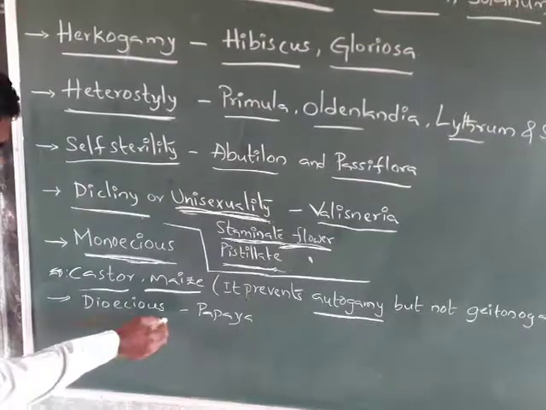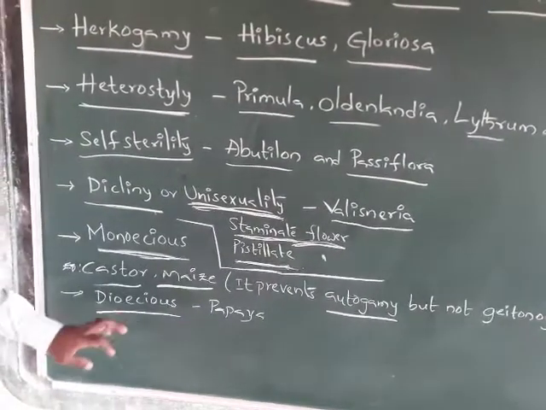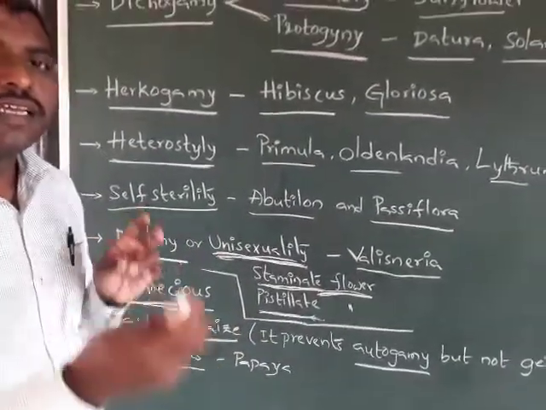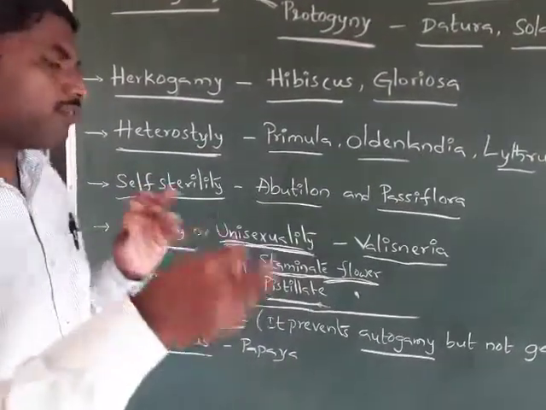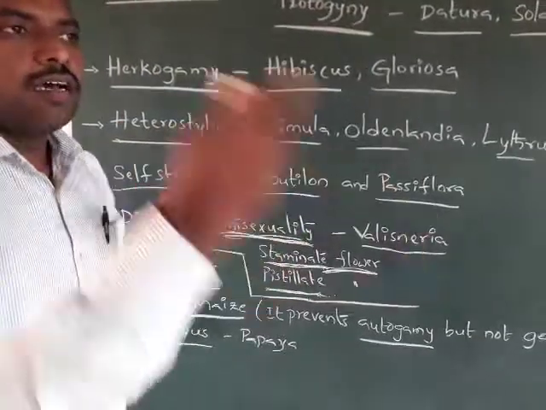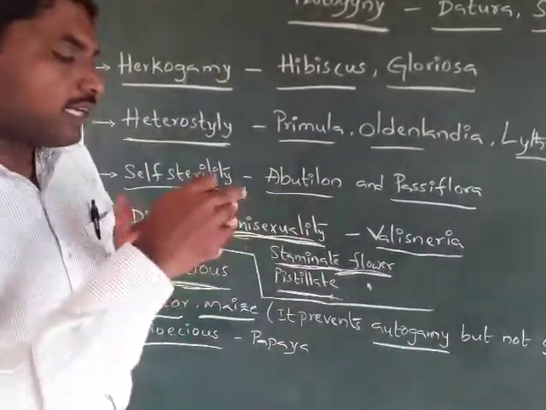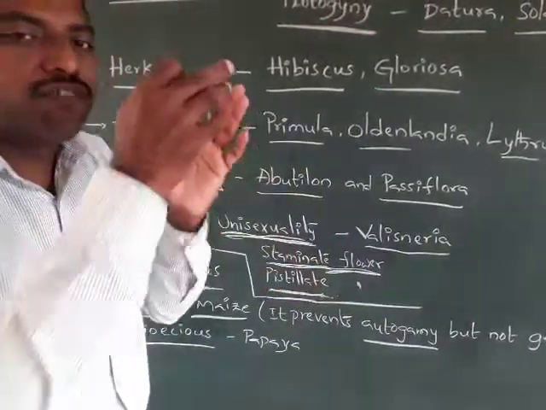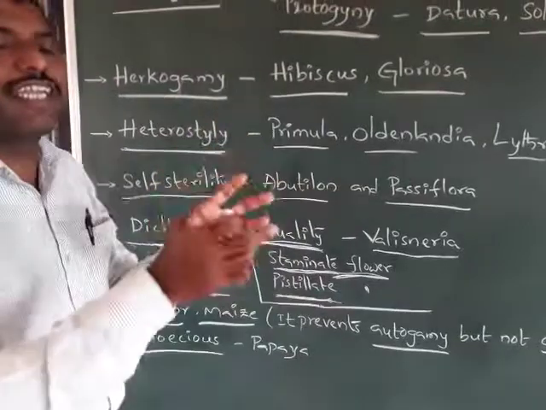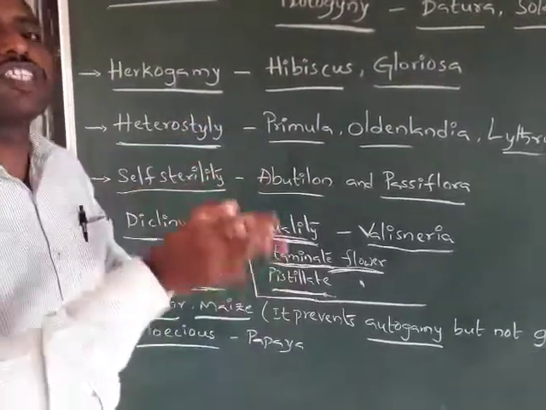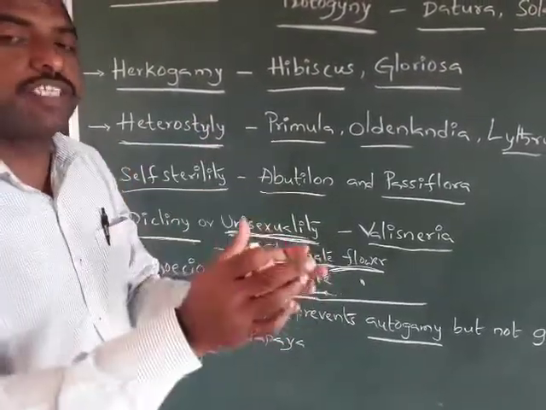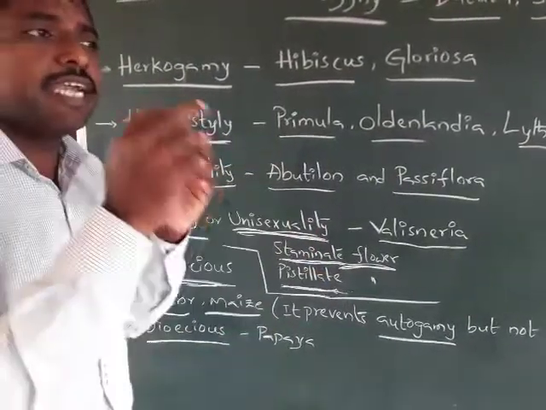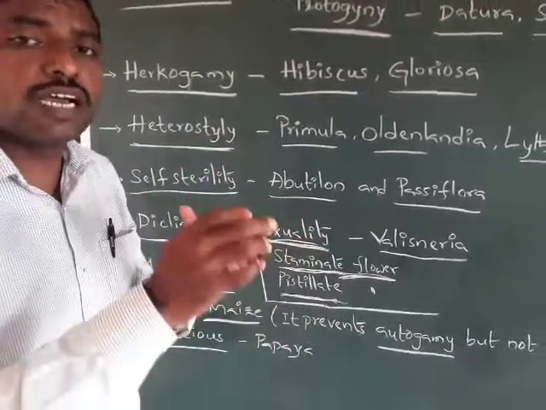And dioecious, which means the male and female plants are different. The male plant produces only male flowers, containing only the androecium, and the female plant produces only female flowers, containing only the gynoecium, not the androecium.